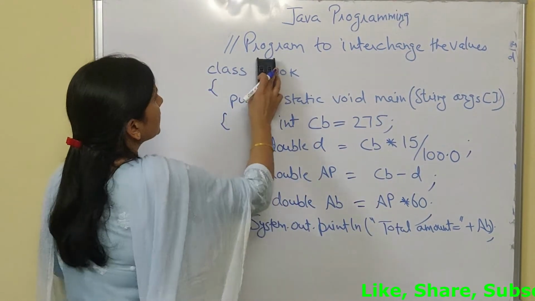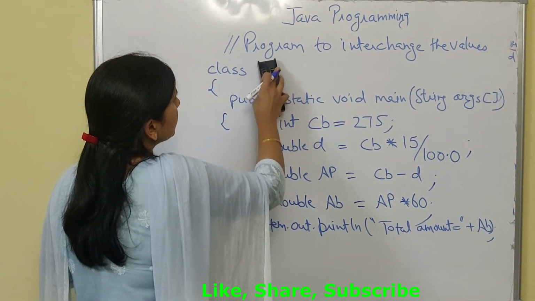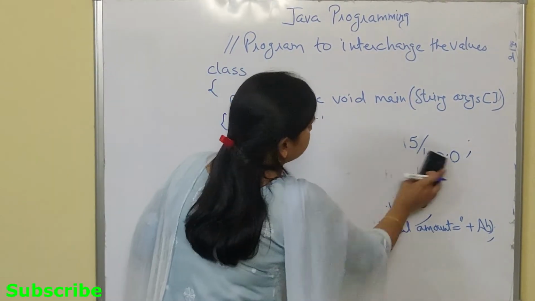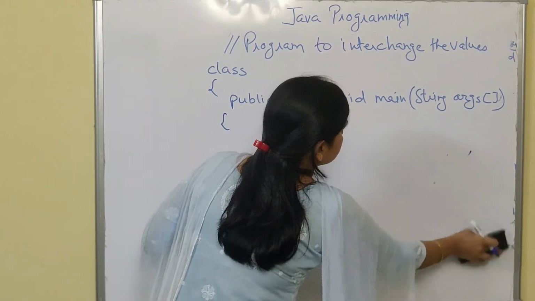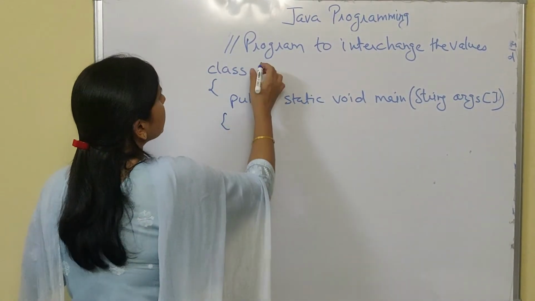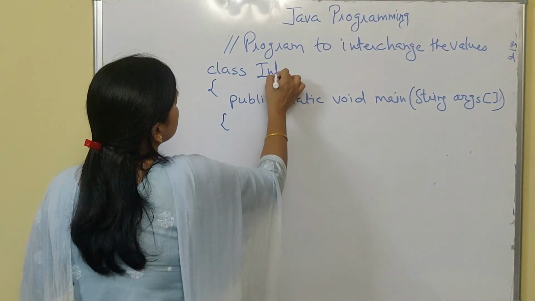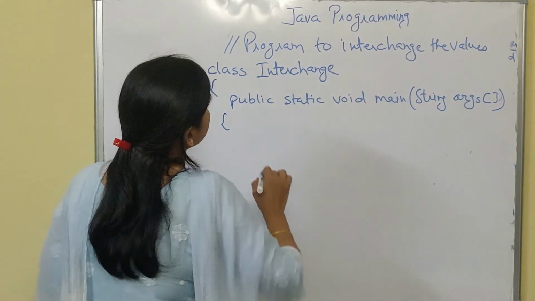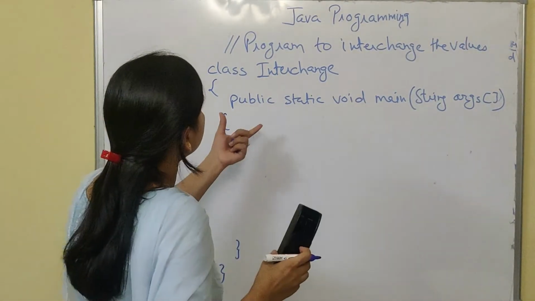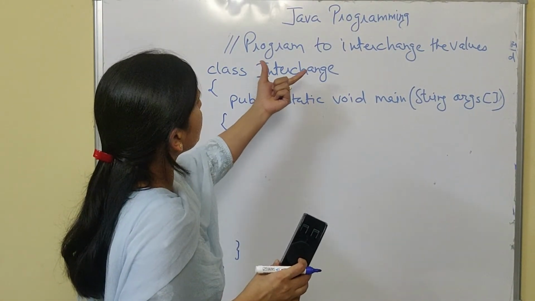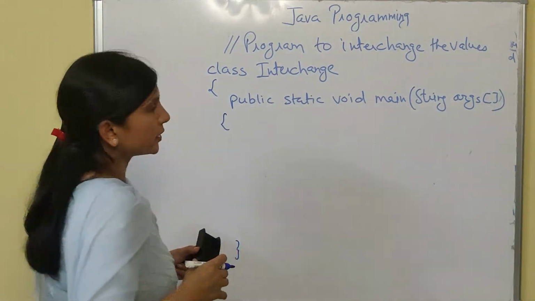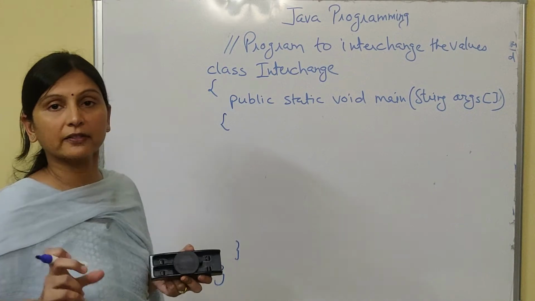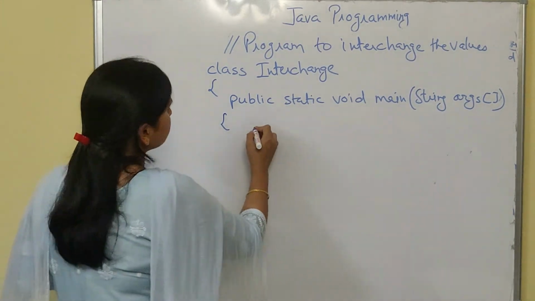Fine. Now the class name I am taking over here, class name I am taking Interchange. Now in Interchange, what you have to do? You have to take two variables and you have to display the values after interchanging.